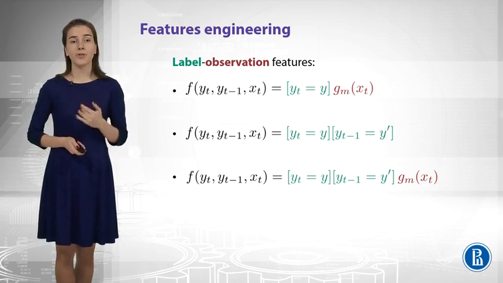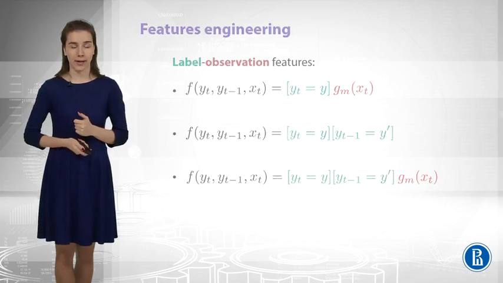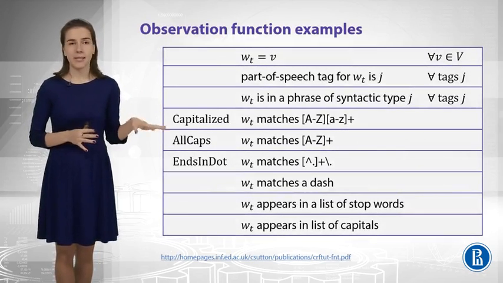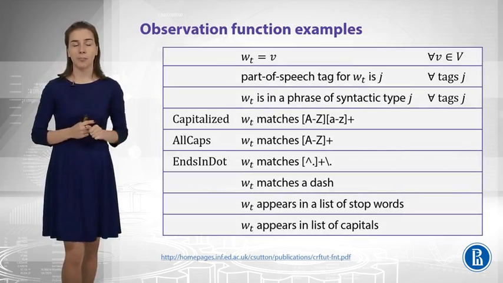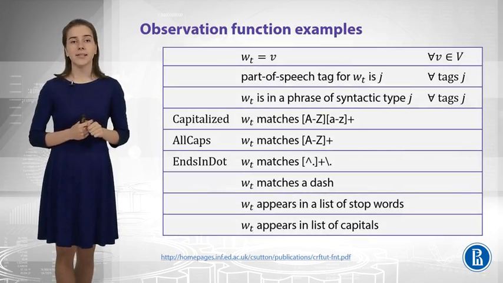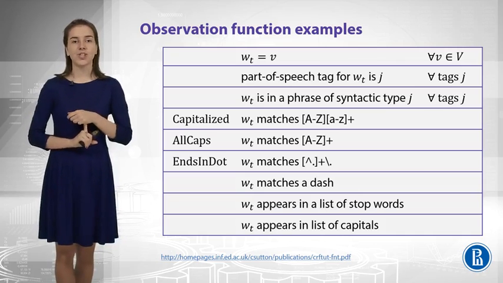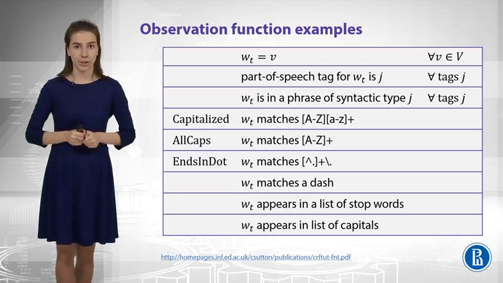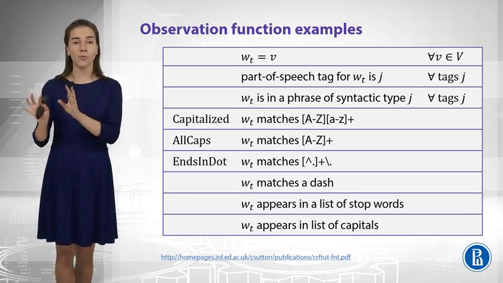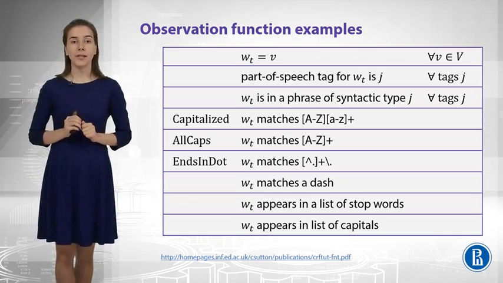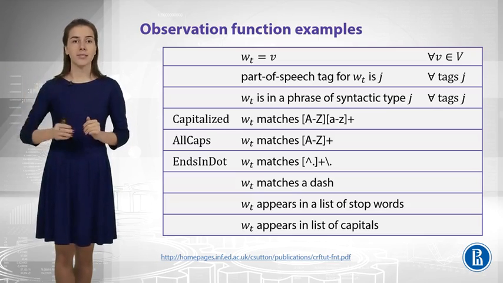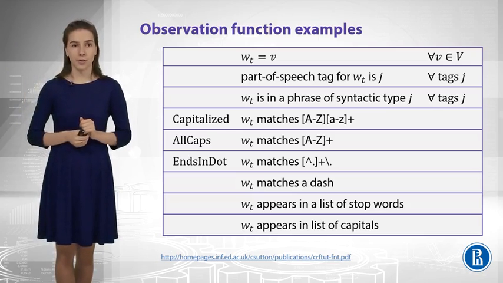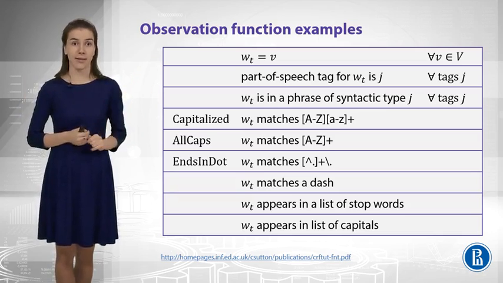Now, how will those observation parts look like? This is just some example taken from the paper, and it says that you can be as creative as you want. First, you can check that your current word is equal to some predefined word, and you can check it for all the words in the vocabulary. So again, you will have, let's say, 100,000 features just by the first line.